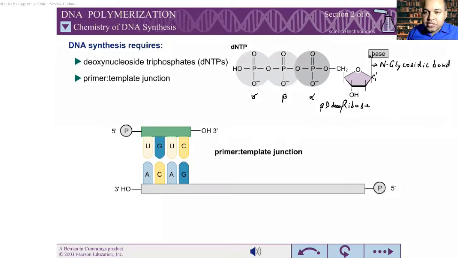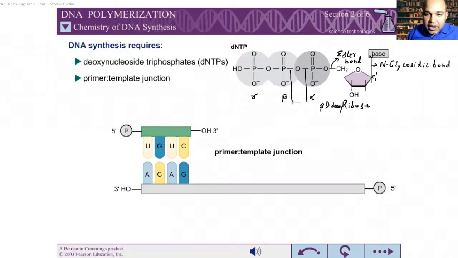Another bond that is present here is the ester bond. Then, in between the alpha, beta, and gamma phosphates, there are bonds which are referred to as anhydride bonds.